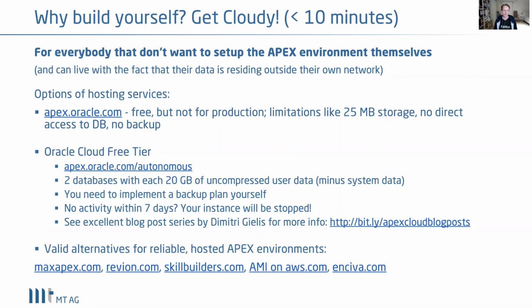What you get basically is at least 2 databases with each 20 gigabyte of uncompressed user data. But bear in mind that this is excluding the system data. So if you have some gigabytes installed as system data in the SYS tablespace, that gets deducted from the 20 gigabytes. So you have actually a little bit less than 20 gigabytes of uncompressed user data available for each database.